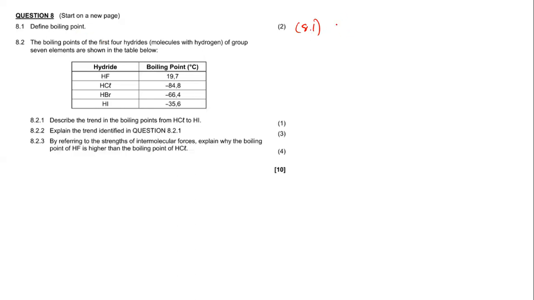I'm saying to you, the boiling point, even the melting point, each and every time, let me give you a tip. When we define these physical properties, you start by saying "the temperature at which." That's how we start defining them.